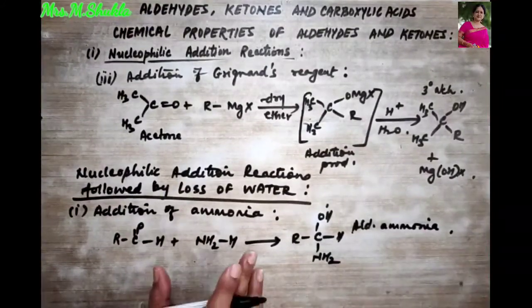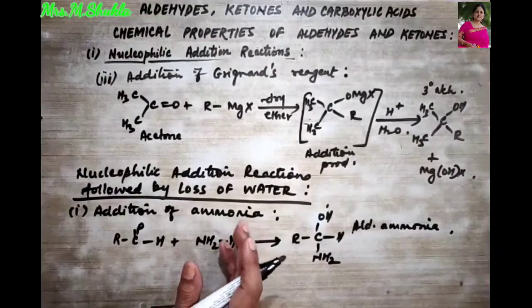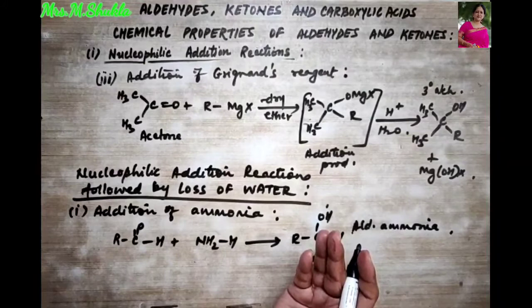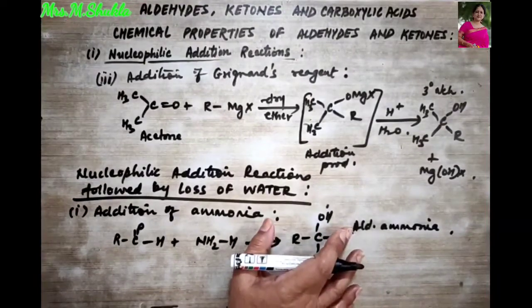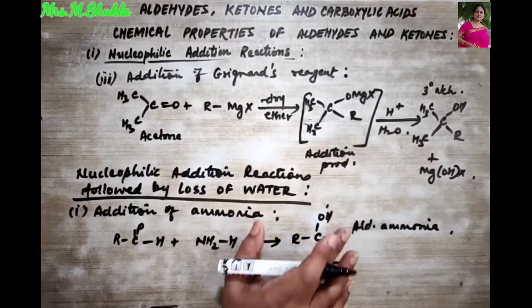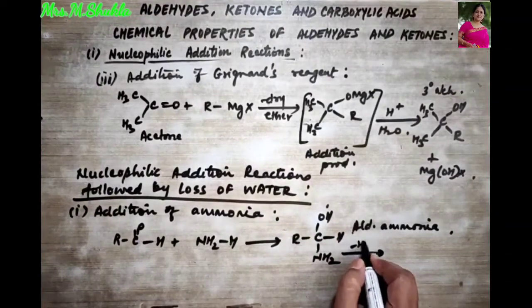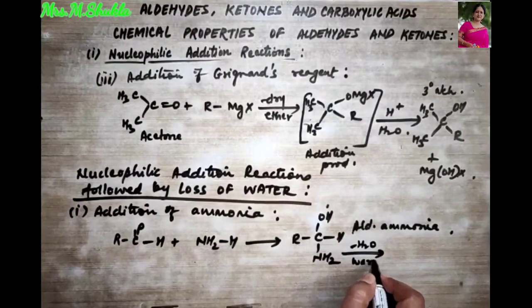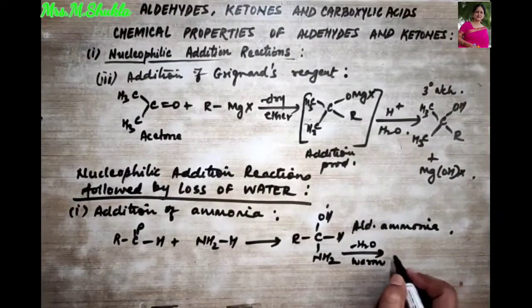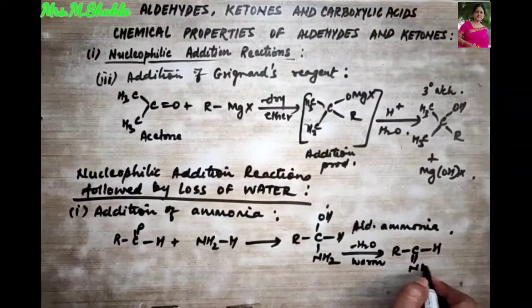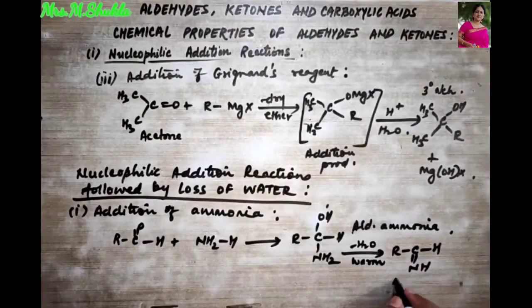The aldehyde ammonias are unstable, so they lose water on warming and then form aldimines. So this is going to lose water on warming, and this compound is called aldimine.